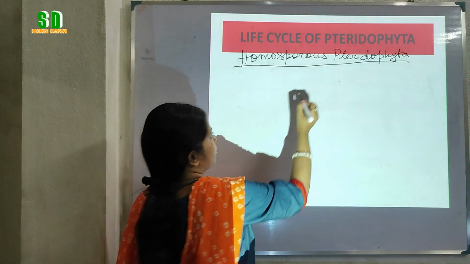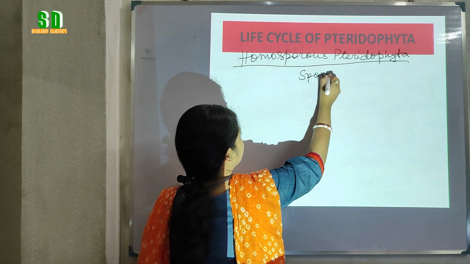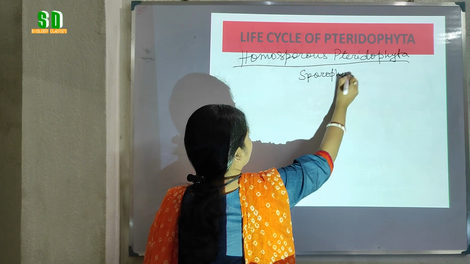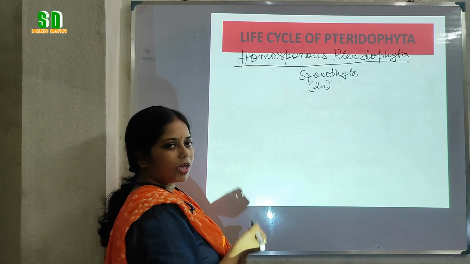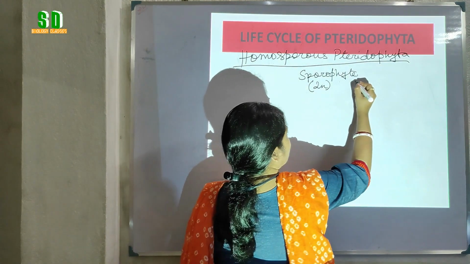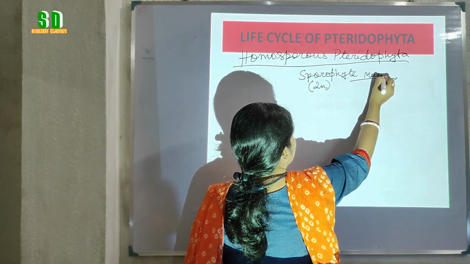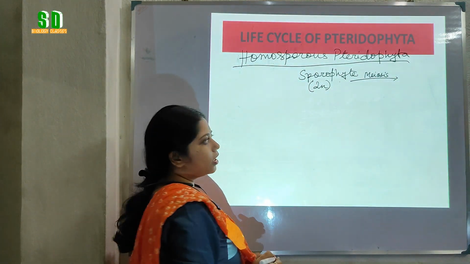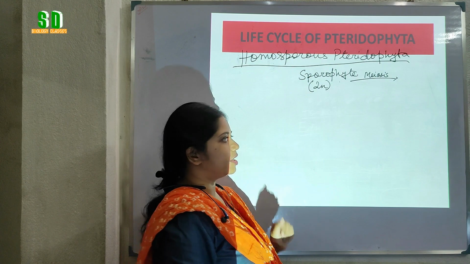The main plant body of Pteridophyta is the sporophytic plant body, that has 2n, that is 12, number of chromosomes. By meiosis cell division within the sporangia, the spore mother cells undergo meiosis.